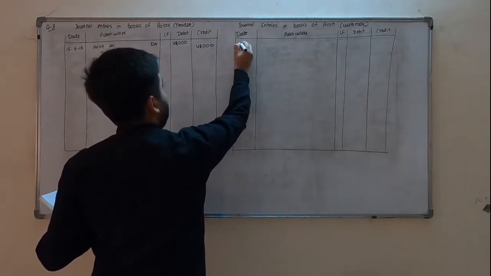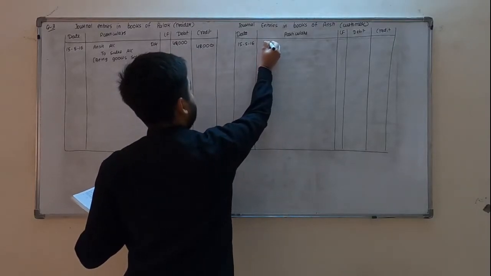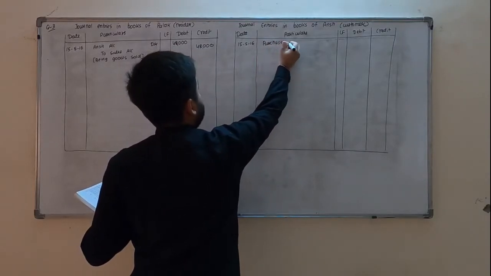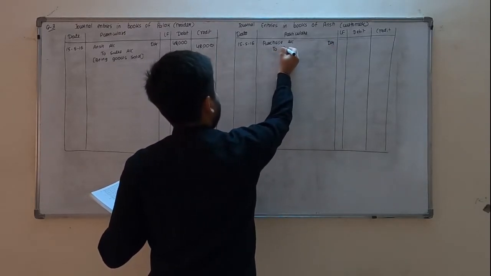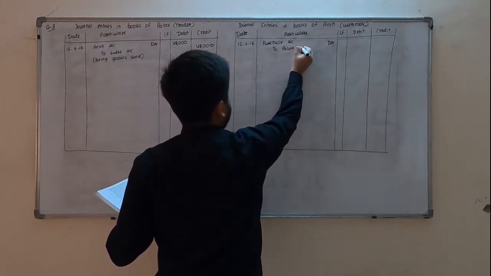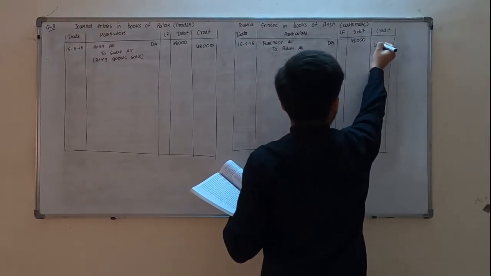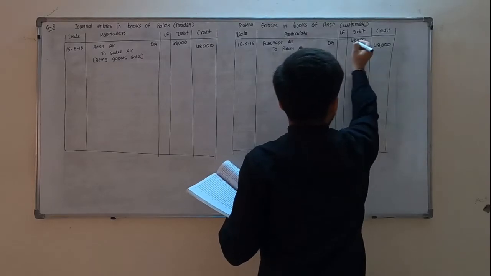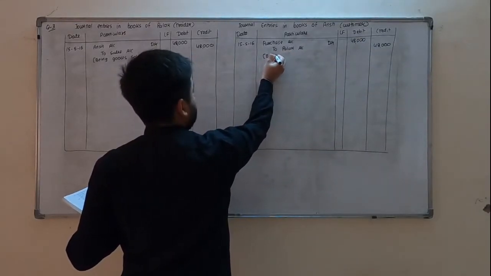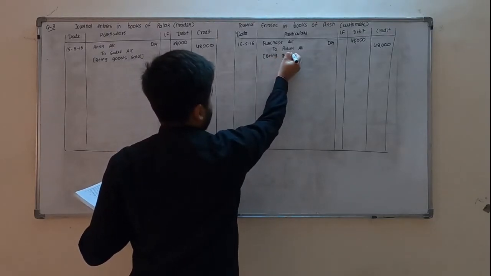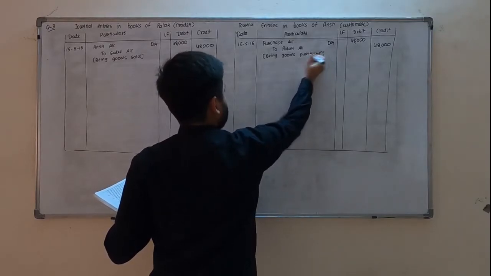Here on 15/5/16, Ansh will purchase from Palak. So purchase account debit to Palak account, 48,000, being goods purchased. Okay.